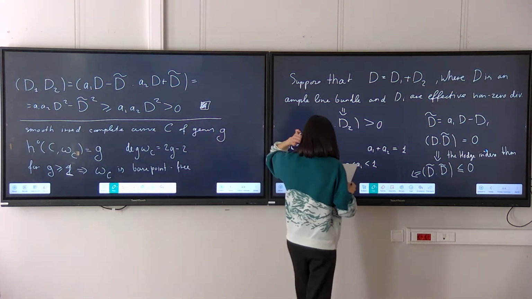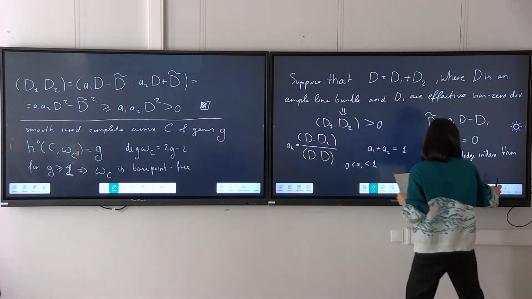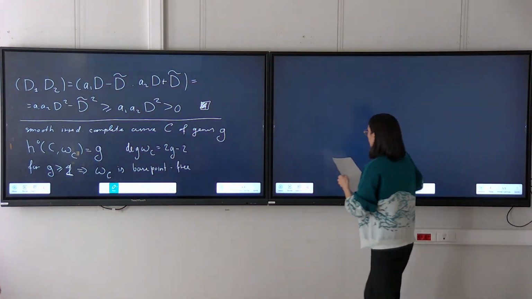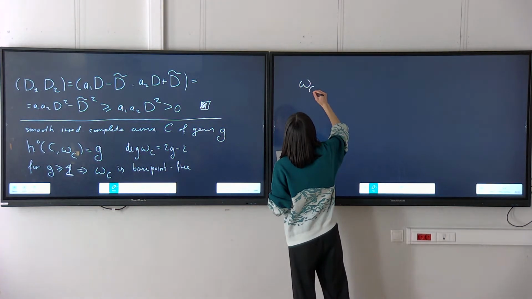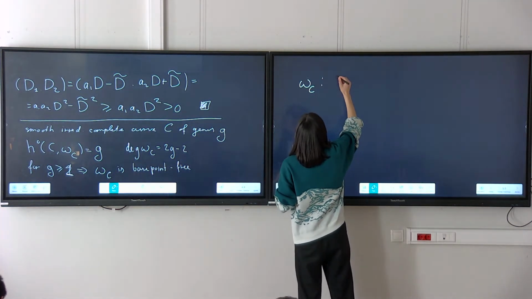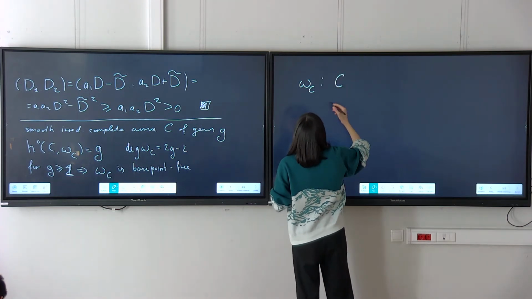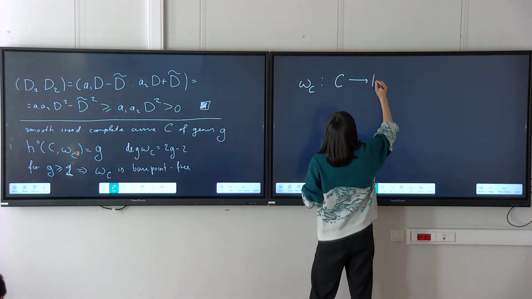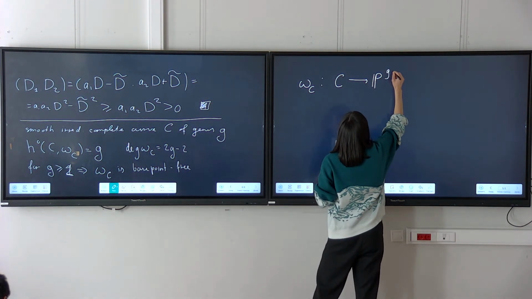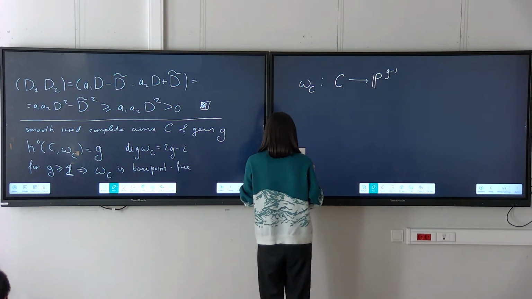Okay, and now what do we have? We have a regular map that is given by the canonical class to the projective space P^(g-1).